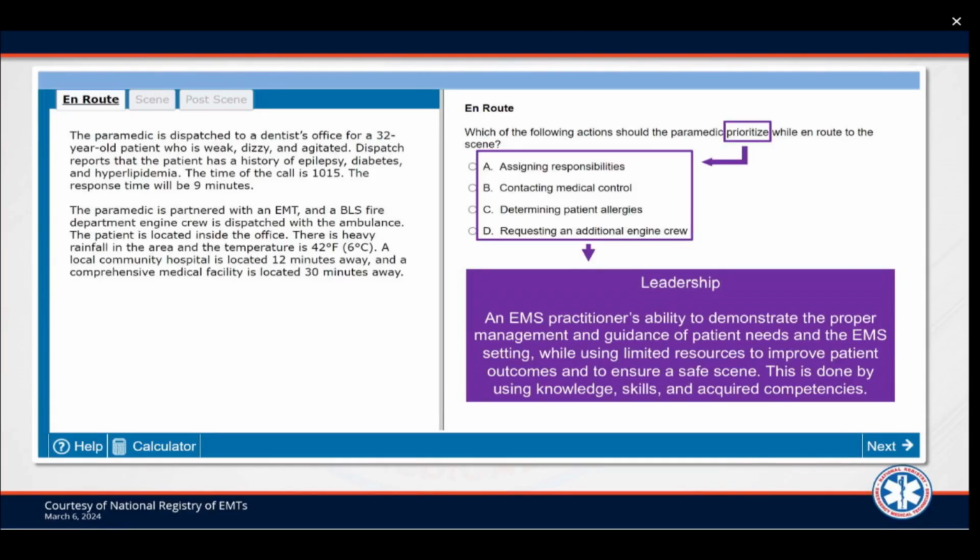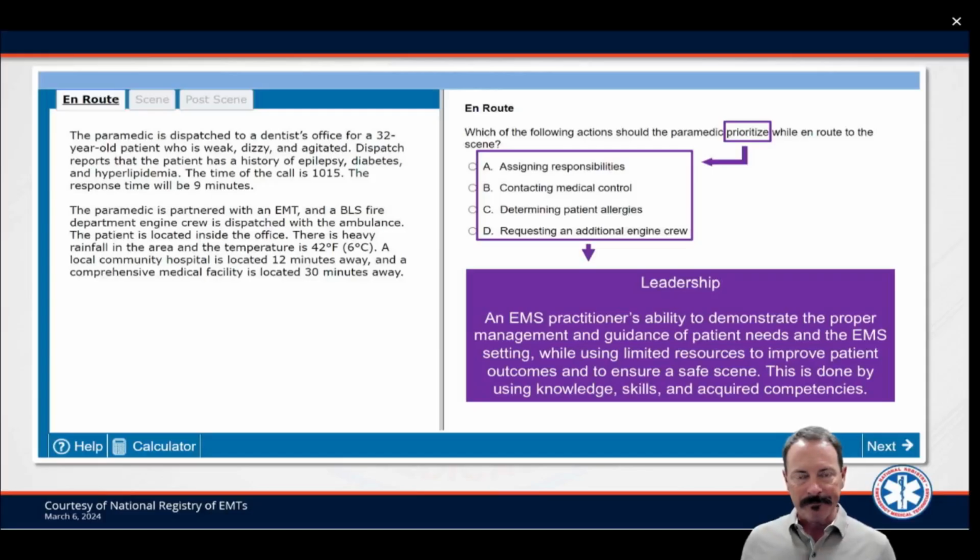An EMS practitioner's ability to demonstrate the proper management and guidance of a patient needs in the EMS setting, while using limited resource to improve patient outcomes and to ensure a safe scene. This is done by using knowledge, skills, and acquired competencies.